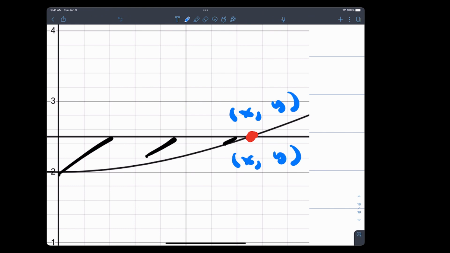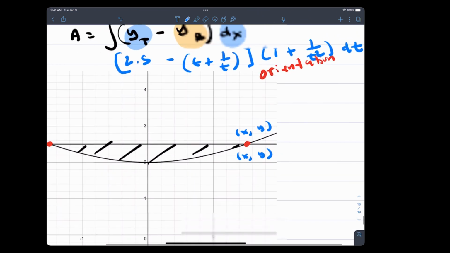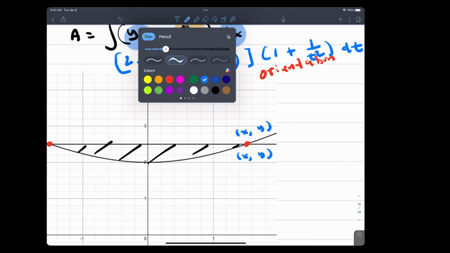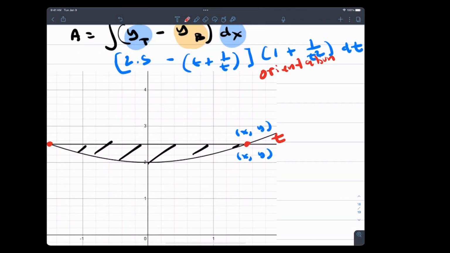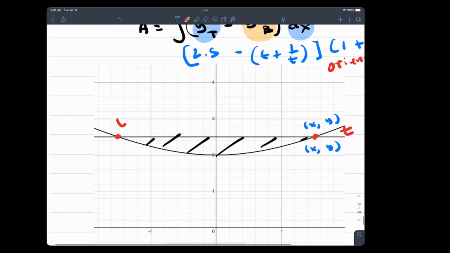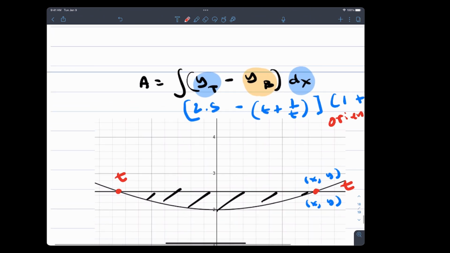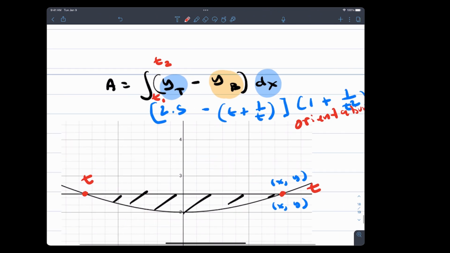Now, though, this is parameterized, so you need a value t here, and you need a value t over here. There's two values of t because we need some limits. Maybe t1, maybe t2. And then you have to consider the orientation. So you need t.